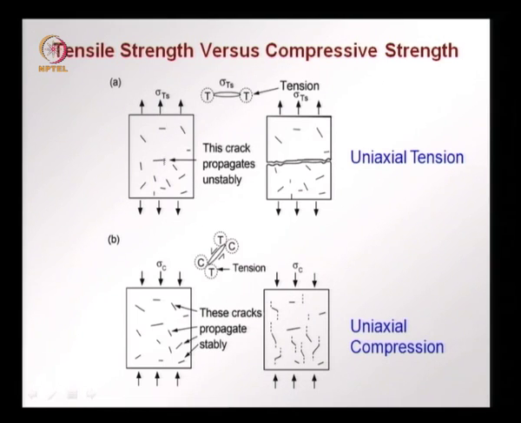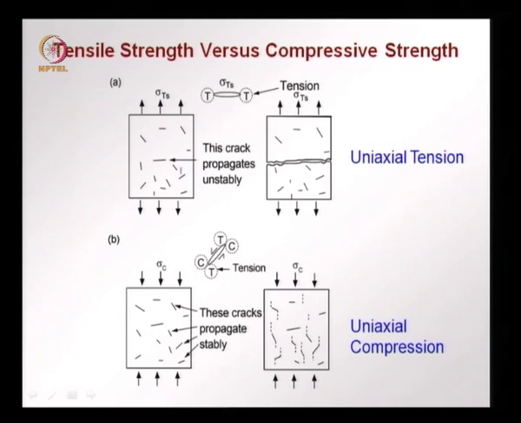We know that under tension cracking will occur perpendicular to the direction of the applied stress. So, this being the largest most favorably oriented crack will start to propagate. Tension occurs at the ends of the crack and you will have propagation and ultimately failure. So, what we see is under tension a single crack dominates failure. It is the largest crack or largest flaw that will become a crack and fail.